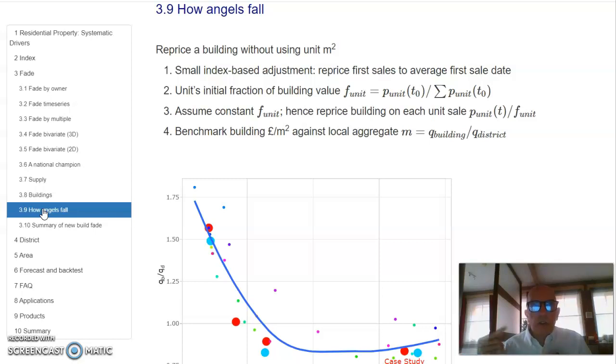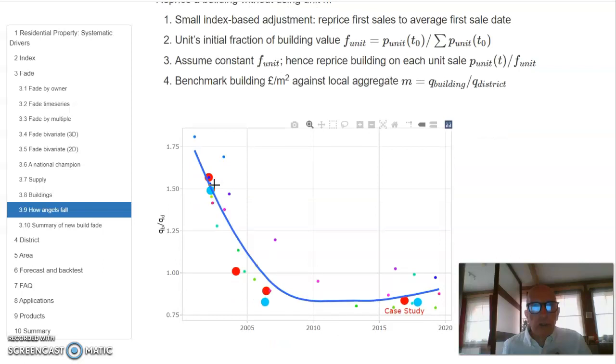So we take the unit's initial fraction of building value, and then on each resale we factor up the price to reprice the building. And we update the building's price per square metre and express that as a multiple of the district. And in the case study, the initial sales were at a 1.5 multiple, and we executed the buy on this unit and another follow-up the following year at about 0.83.